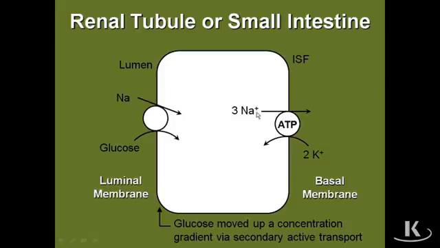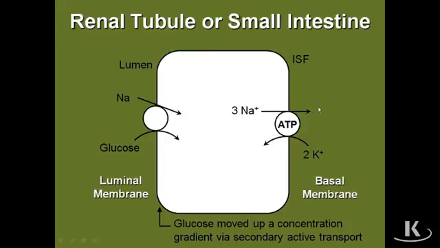The job of this pump is to maintain a very low intracellular sodium. So within the cytoplasm of this cell, just imagine here, I can't put it in here, but you have a very low concentration of sodium.